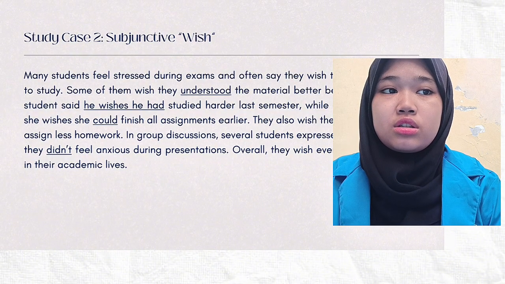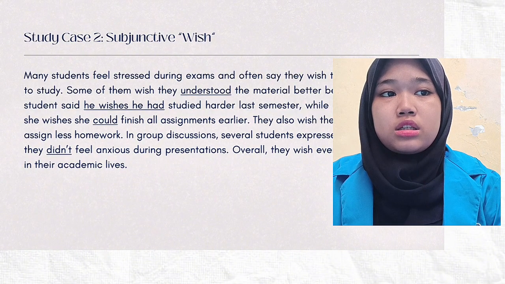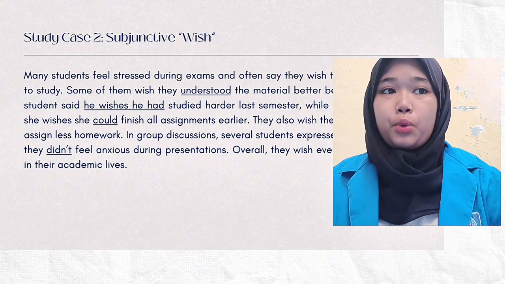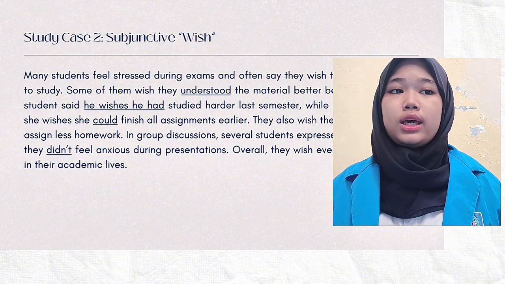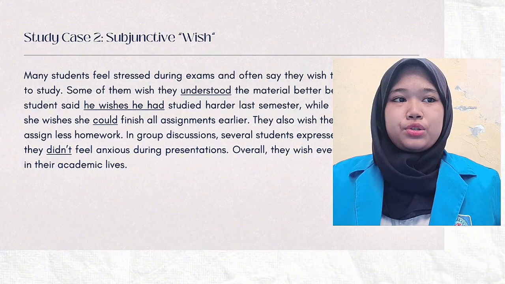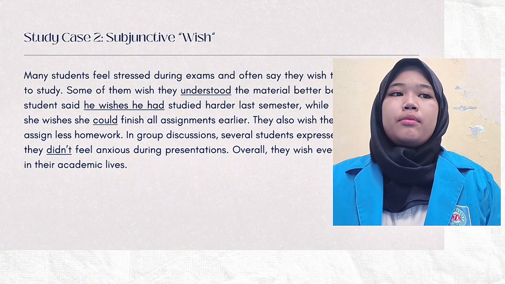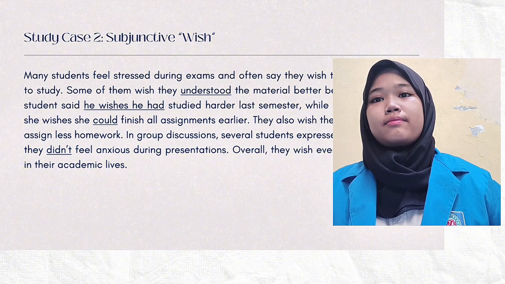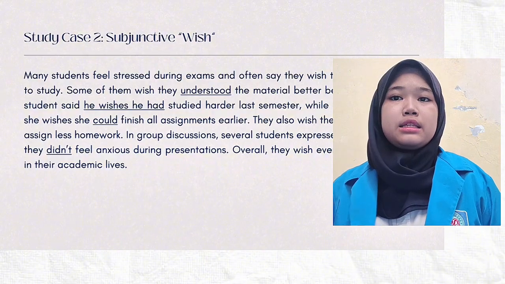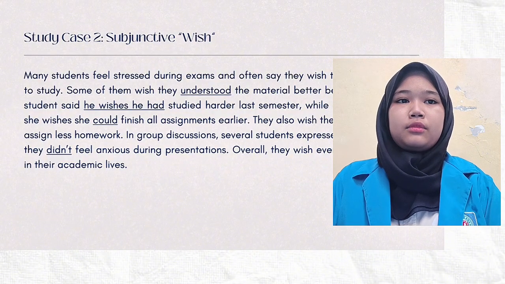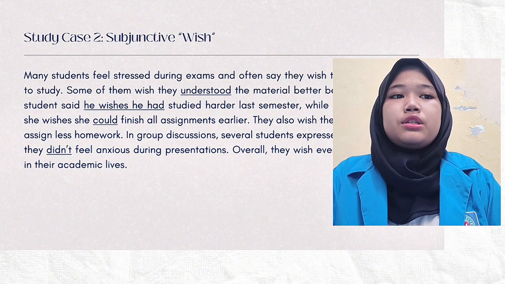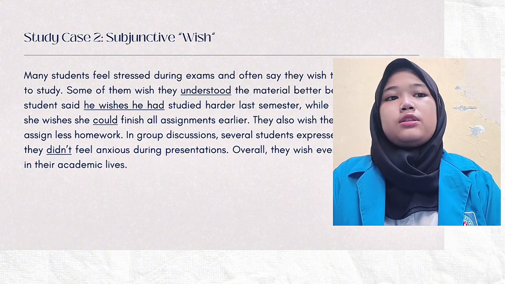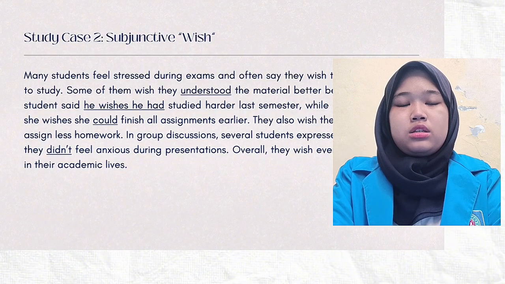Why did I choose "wishes"? Because the subject is "he," so I added "es" to it. Why did I choose "he had"? Because it's something that he regrets in the past. So it's like "wish" plus past perfect. Next, while another mentioned she wishes she could finish assignments earlier. Why did I change "can" to "could"?